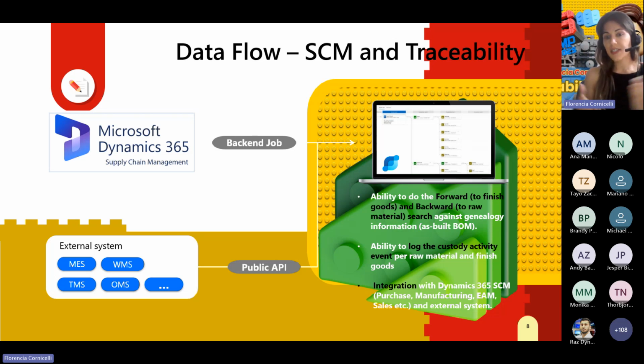Of course, traceability gives us the ability to go forward to the finished good and backward to the raw materials, and search against genealogy information such as the bill of materials. There is also the ability to log custody activity, as we saw in the picture before, per raw material and finished good, and all the integration it has with different modules in Dynamics 365.